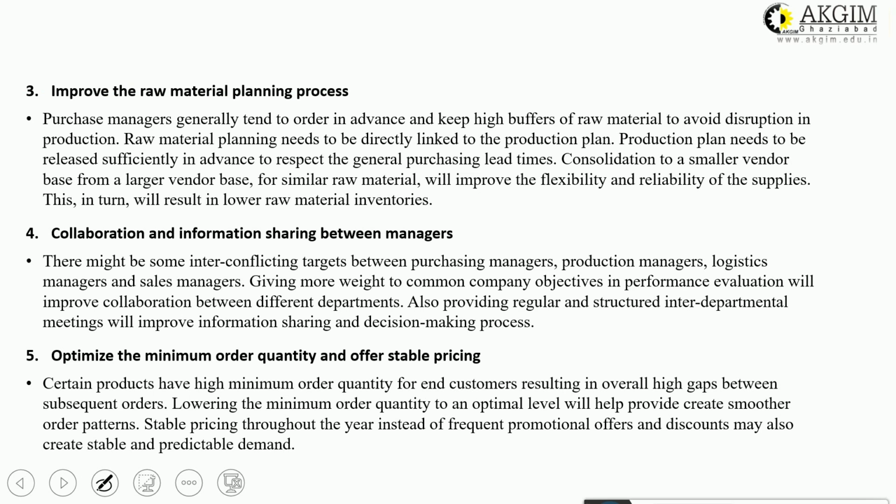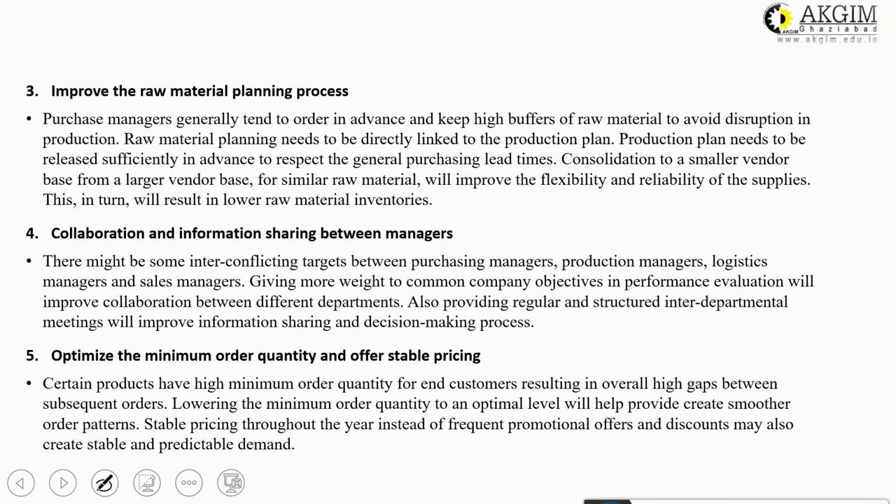Then collaboration and information sharing between the managers. There might be some conflicting targets between purchasing managers and production managers, or the logistics and the sales managers. So giving more weightage to common company objectives and performance evaluation will improve the collaboration between the different departments. Then optimize the minimum order quantity and offer stable pricing. This could be one way.